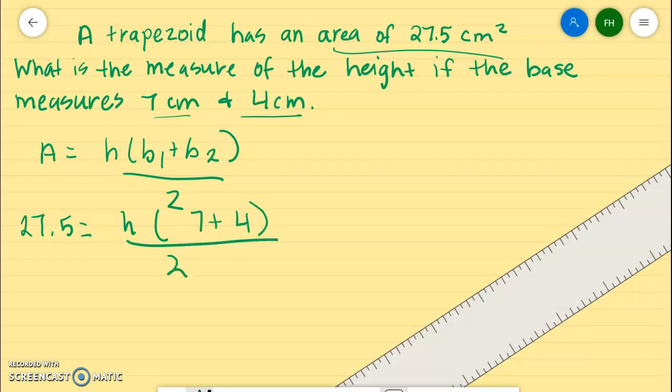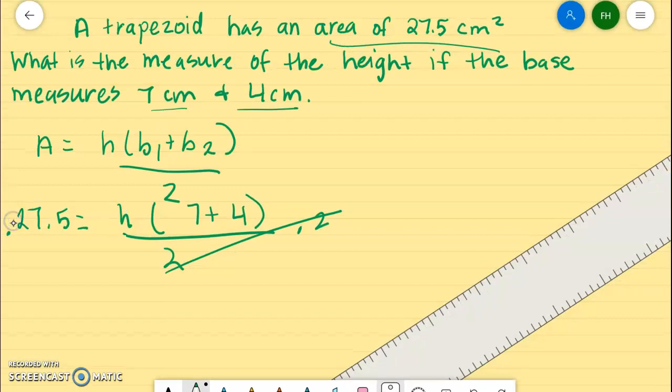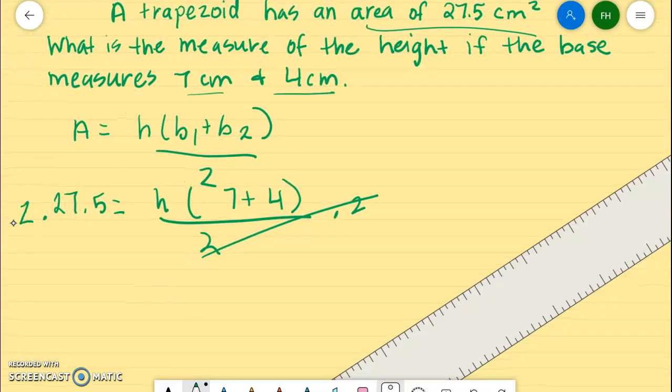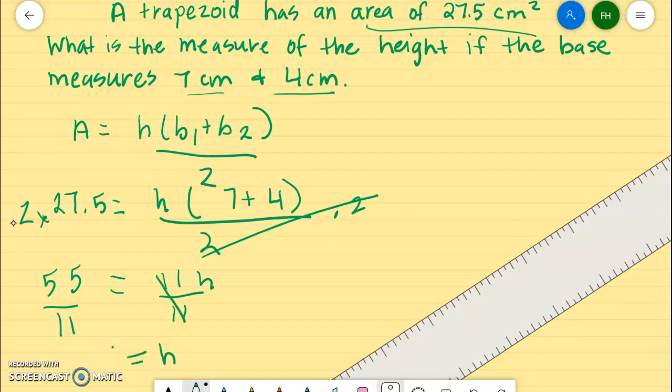So the first thing I'm going to do is times it by 2 and get rid of that, and times the other side by 2. And that would be 55, and then 7 plus 4 is 11, so 11 times h divided by 11, so h is 5.